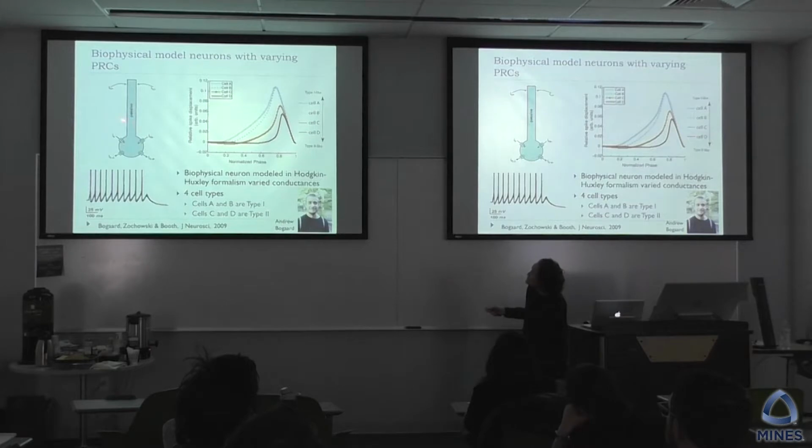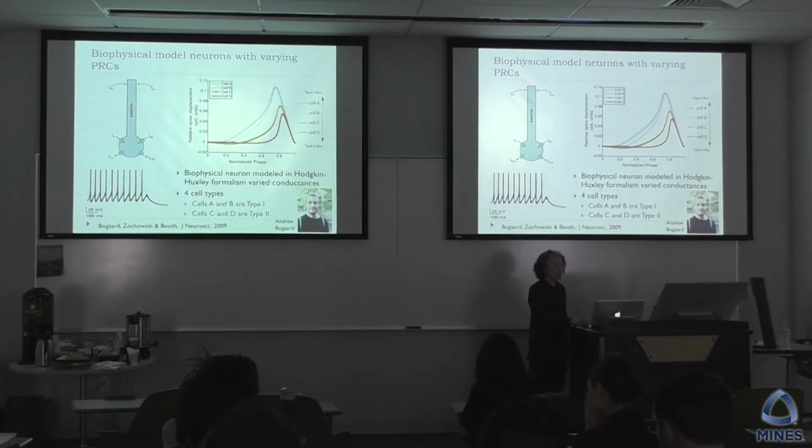And we basically tuned the parameters, tuned the ionic currents in the model generating the action potential, to generate 4 different profiles of phase response curves, where some of the profiles were more type 2-like, this orange one and the red one, and some of the profiles were more type 1-like, meaning they were still a little bit skewed to the right, but not as skewed as the orange and the red one. So the blue PRCs are more type 1-like, and the red and the yellow ones are more type 2-like.